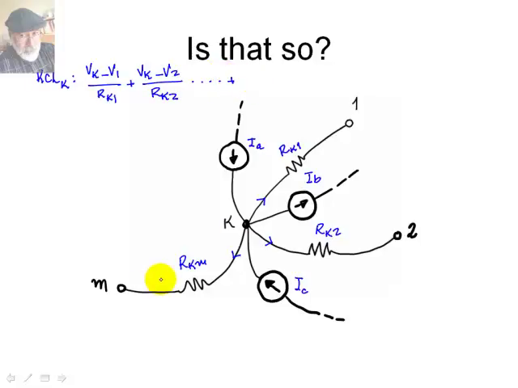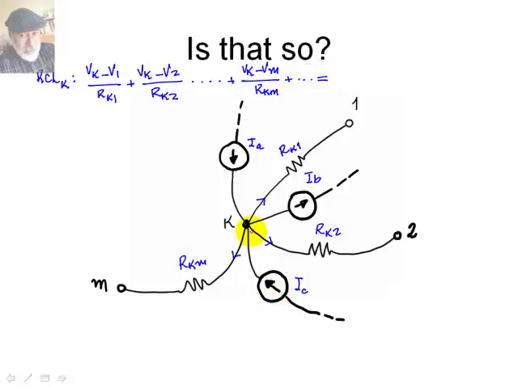There may be many others, right? This current is Vk minus Vm divided by the resistance that is connecting them, Rkm. And all of that is equal to the sum of the currents.